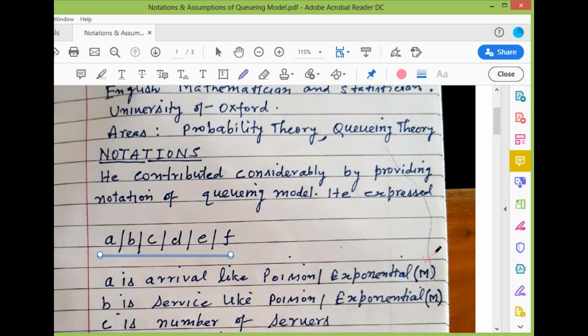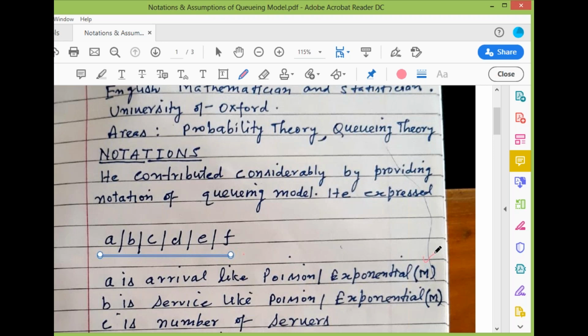Why Markovian? We will discuss in detail at the appropriate point when we discuss any particular queuing model. First, we will discuss the general queuing model having the Poisson distribution, and later we will discuss the particular queuing models.